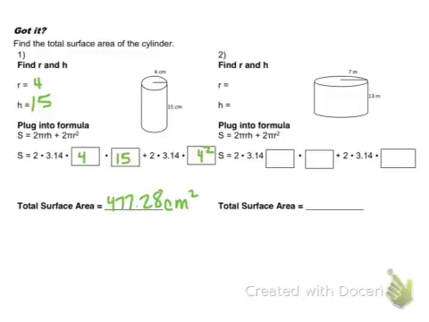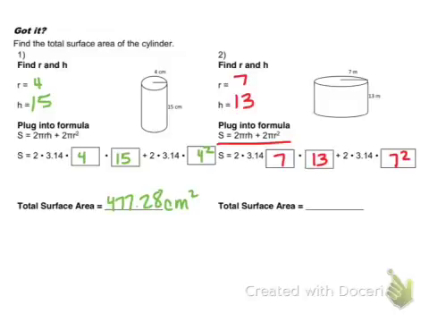Okay. Now then, example 2 here, the radius is 7 and the height is 13. So here's our equation: 2 times 3.14 times 7 times 13 plus 2 times 3.14 times 7 squared.